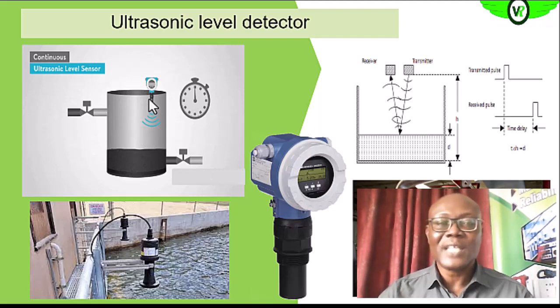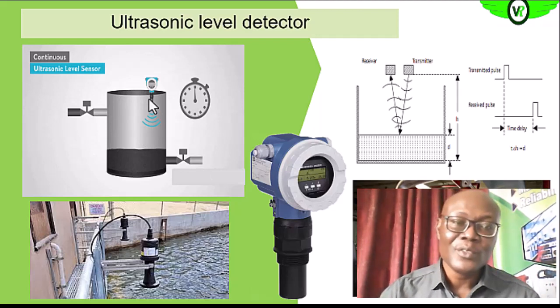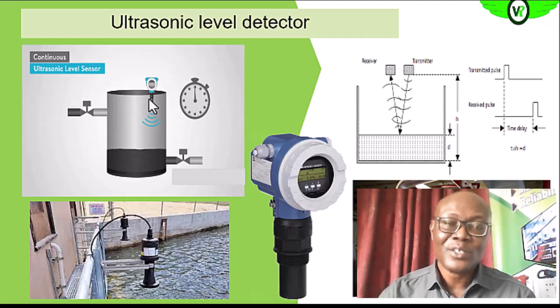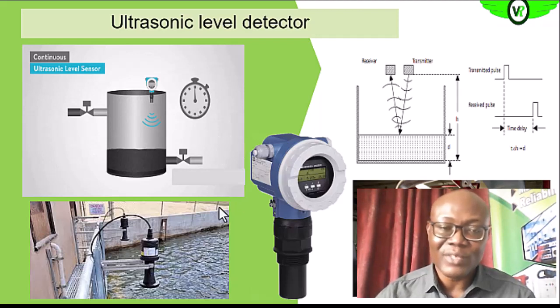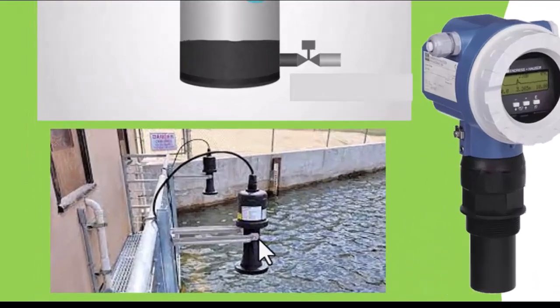So that travel time, which will be deduced by the measurement device, is calibrated to give us a direct reading of the level within the vessel. So you can see how it is physically installed on the process.